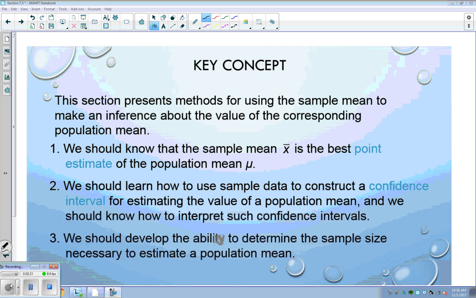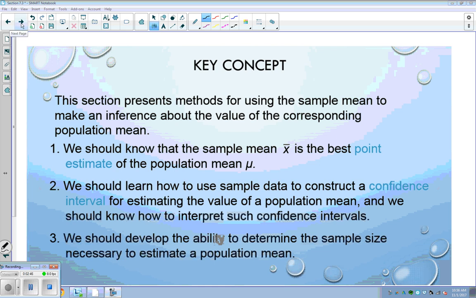Okay? And just like we did with proportions, the last part of that section was we found out how to calculate a sample size needed. And we're going to calculate how to do a sample size needed to determine an estimate for the population mean. So that's the difference between the two sections.